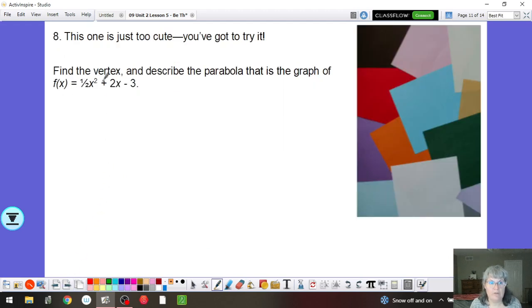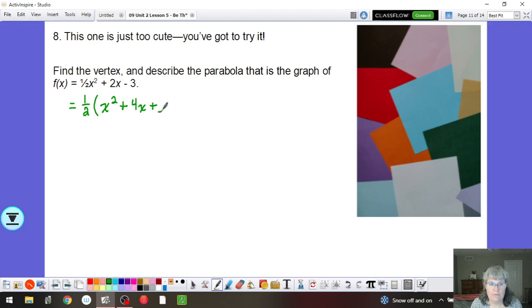We're going to factor out or divide by 1/2. So we're going to have 1/2 of x squared plus 4x, because there's 4 halves that go into 2. So that's why when you divide 2 by the fraction 1/2, you'll get a 4x.